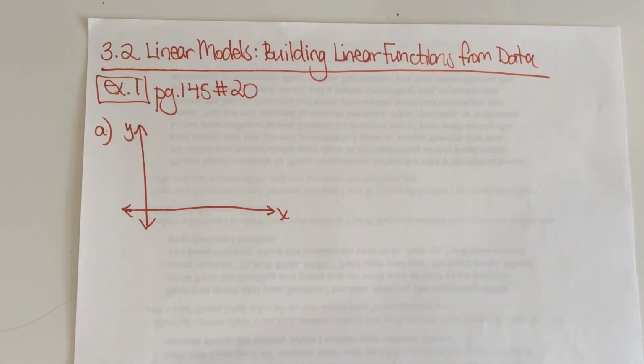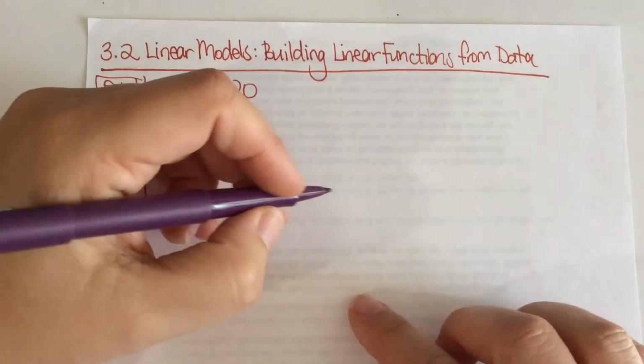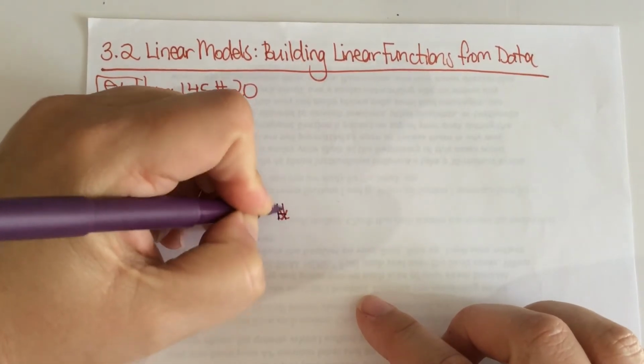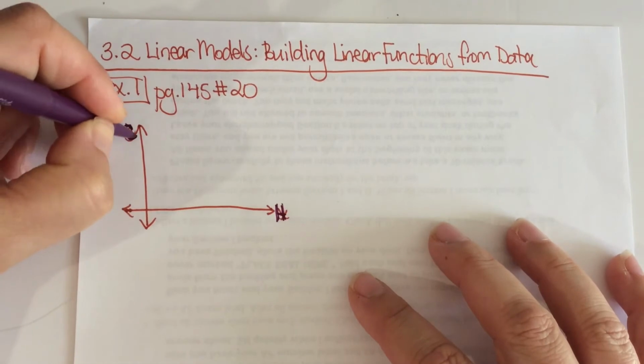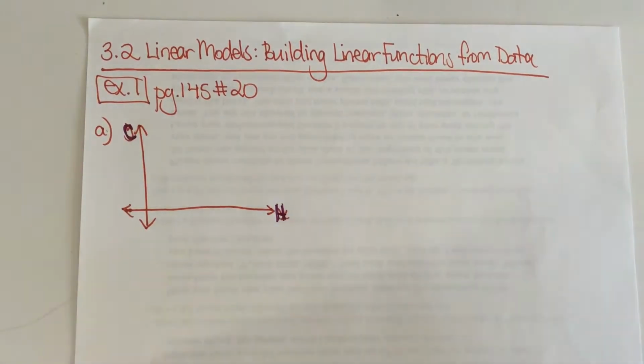So the question is, which one goes on the x-axis? Hopefully you're thinking that the independent variable goes on the x-axis. I can't draw a graph without labeling the axes, it's habit.